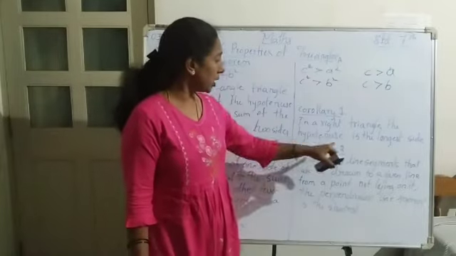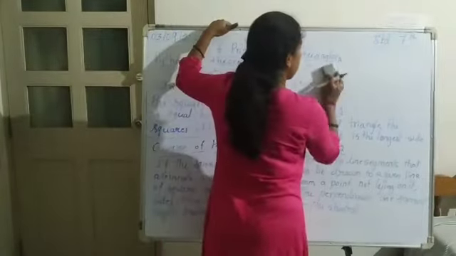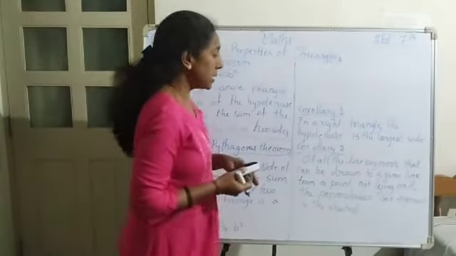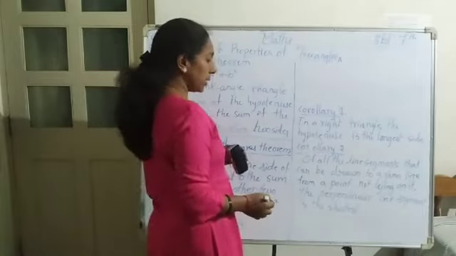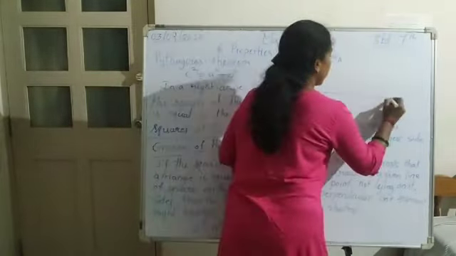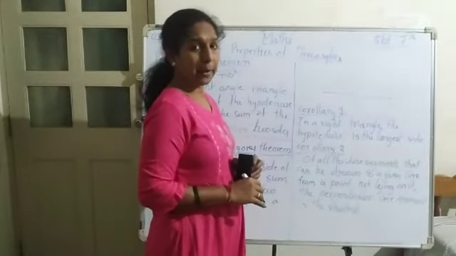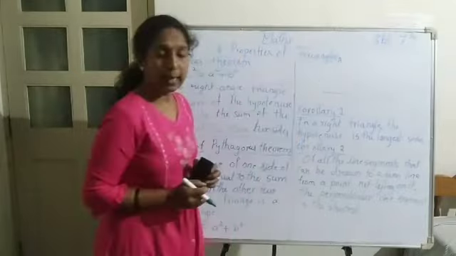Now let us come to corollary 2. What does it tell us? Of all the line segments that can be drawn to a given line from a point not lying on it. For example, I am taking one straight line and one extra point that is not lying on that line.